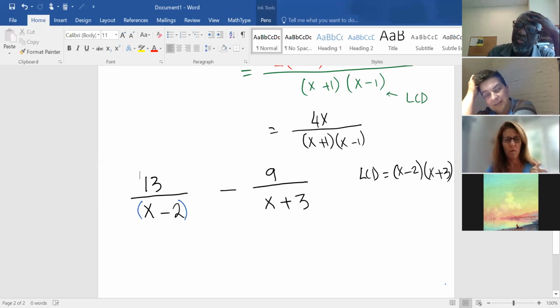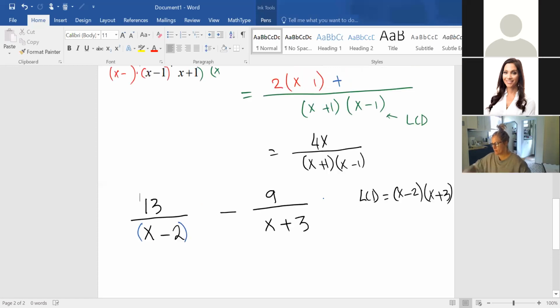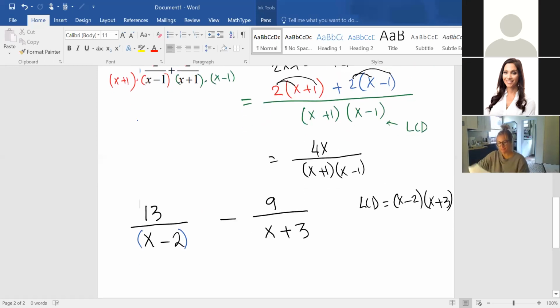Are you taking the highest number and making that the LCD? No, it is not the highest number, because my denominators are not only numbers. My denominators are expressions, x minus 2 and x plus 3. For instance, if this was 1/3 plus 1/7, what would the LCD be? 21.